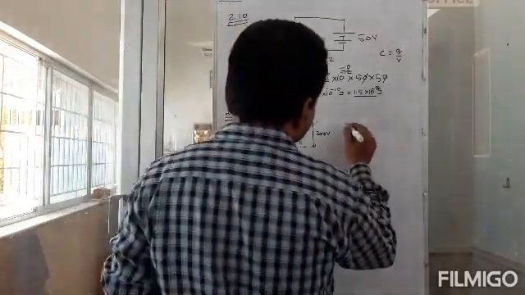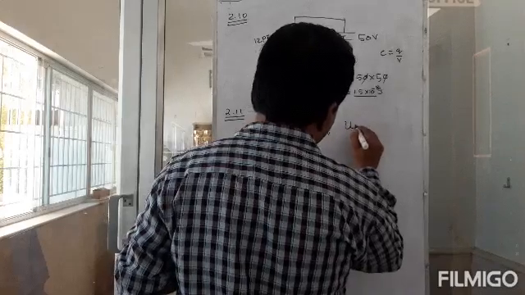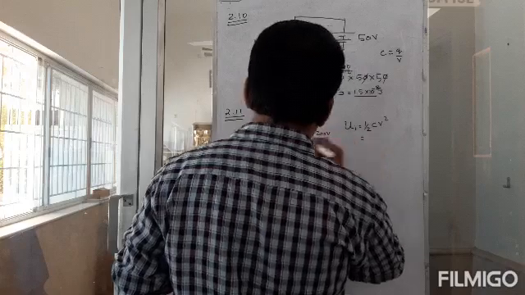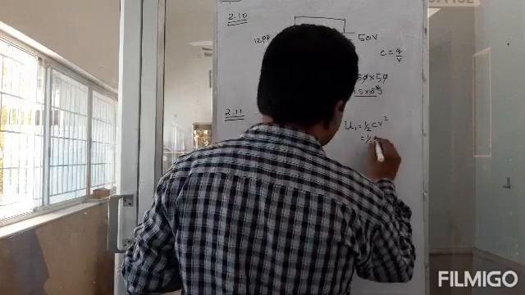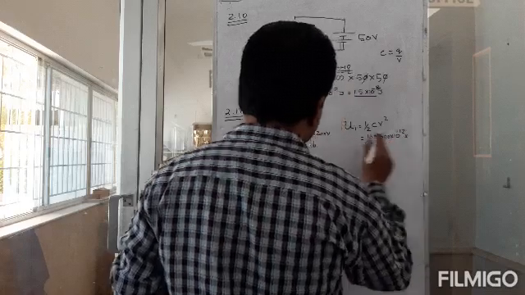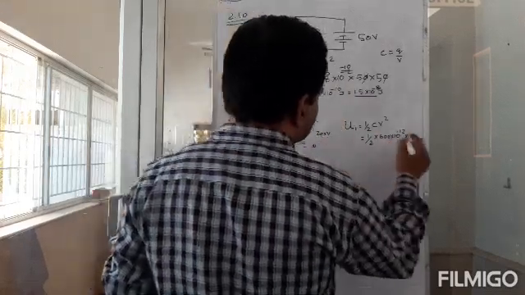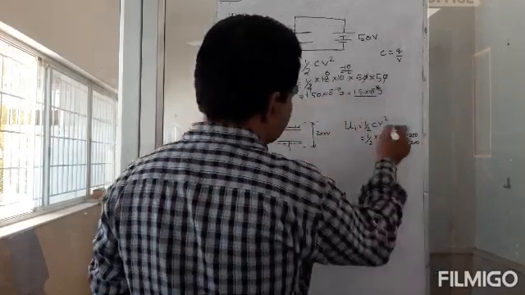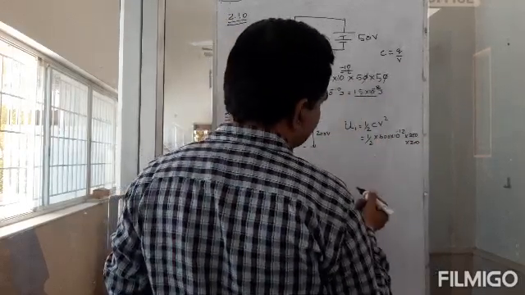So you will have a certain amount of energy in it. What is the energy in this? I will call this the initial energy, Ui. So you will simply have half C V square. This is going to be half into 600 into 10 power minus 12 into V square, which is 200 into 200, right?